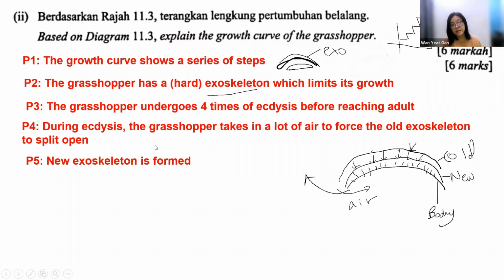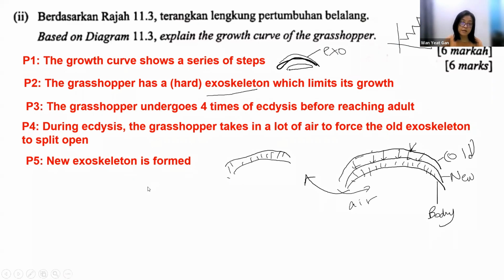So the insect then emerges with the new skeleton. So it comes out with only the new skeleton because the old one has been discarded because it split open as the insect inhaled a lot of air, causing the body to expand and break the old exoskeleton.